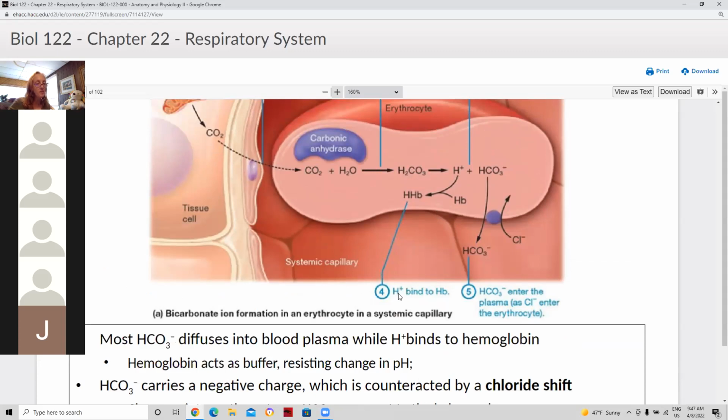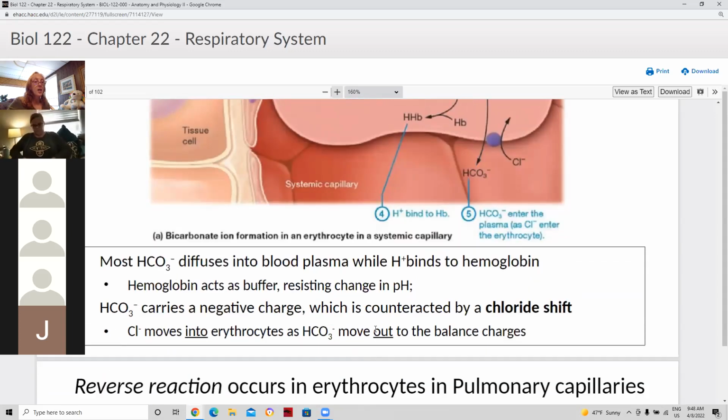If it's bound up by hemoglobin, it's not part of the measurement for pH. Bicarbonate carries a negative charge and is counteracted by a chloride shift. As the chloride moves into the erythrocytes, the bicarbonate moves out to balance the reactions.